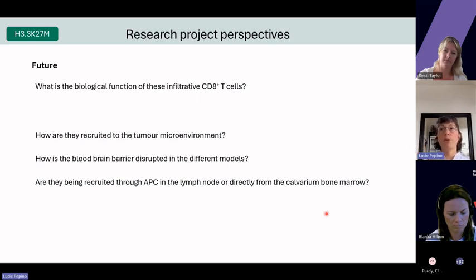Quite recently, maybe 5 years ago, a connection was identified between the calvarium bone marrow and the meninges. So you can have antigen presentation directly at the meninges, and then recruitment directly through the calvarium bone marrow.